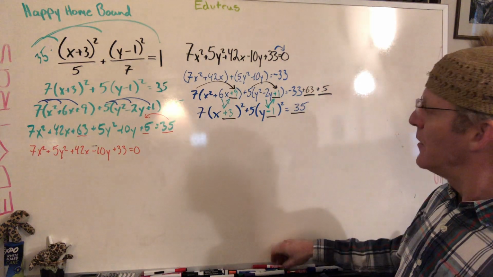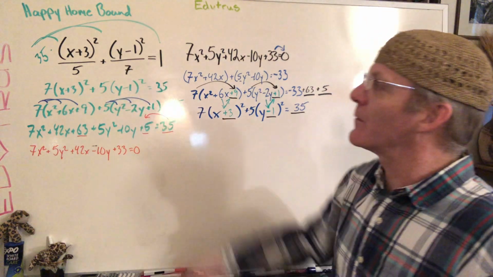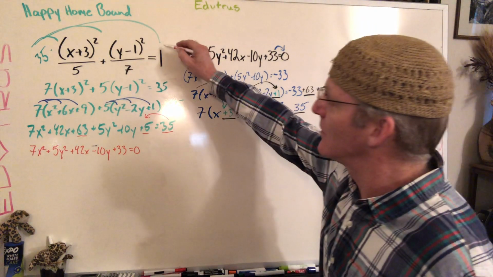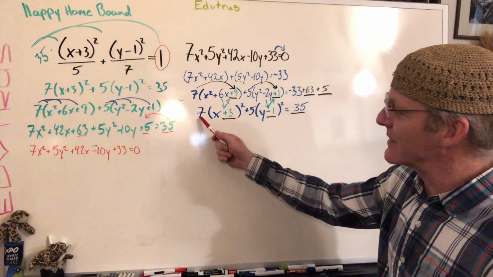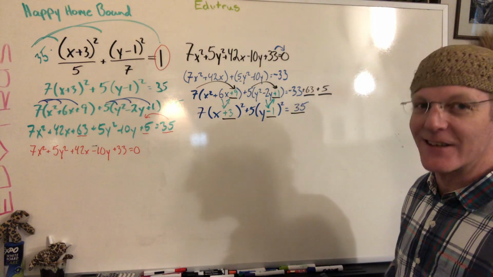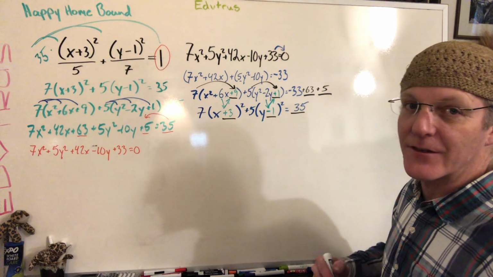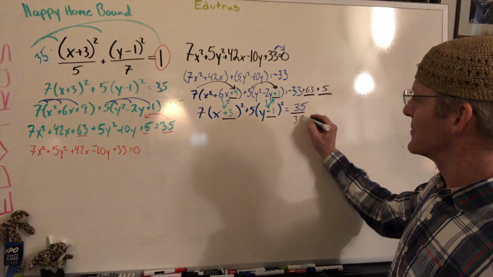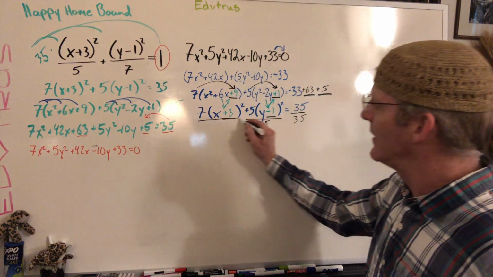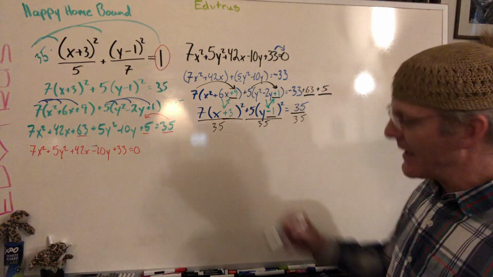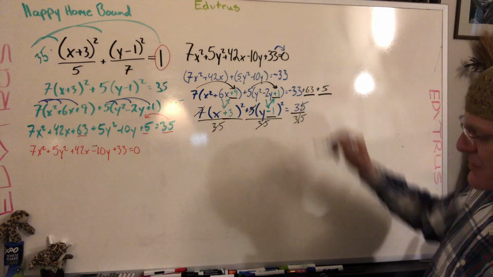We're almost done, but we've got to realize, what does this always have to equal? When we've got our center form of an ellipse, it's always equal to 1. How do we make 35 equal to 1? Noticing these are both common factors of that number, right? Exactly. We're going to divide that 35 out of the equation from all parts. So divide by 35, divide this term by 35, divide this term by 35, and now we're going to reduce here and here, reduce here and here, reduce there.